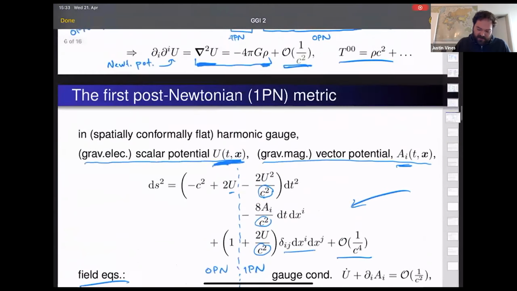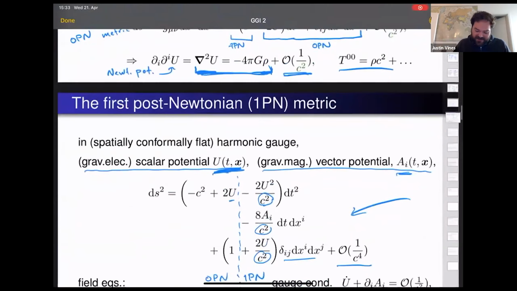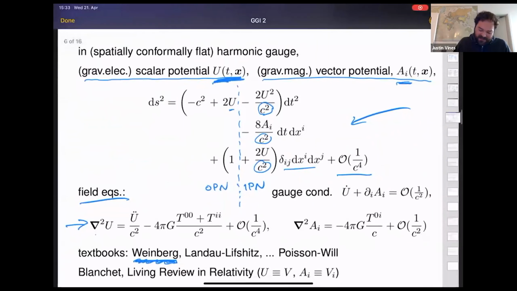We recognize, so remember the Newtonian field equation was that the Laplacian of the scalar potential is proportional to the rest mass density. That's still here. The rest mass density is hiding in there. Now we've added in something that would make this look like a wave equation, the time derivatives in the box operator. But I put it on the other side of the equation because now really this is treated as a perturbation.